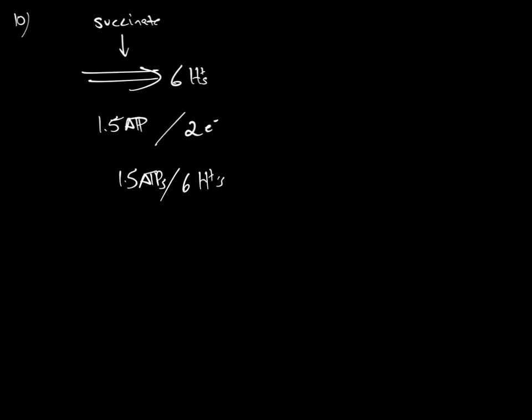And the complex at which they are oxidized, for each 2 electrons, pumps 6 protons. So if I say that there are 1.5 ATPs produced per 2 electrons, I can synonymously say that I have 1.5 ATP synthesized per 6 protons. Okay, so that's where we are right now.